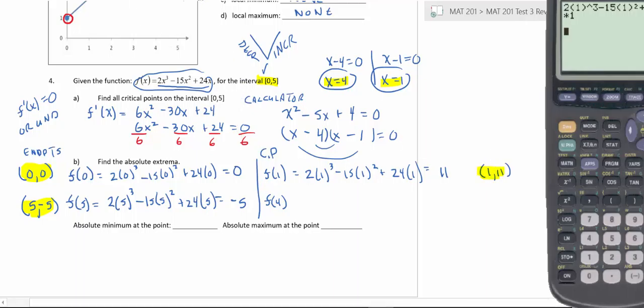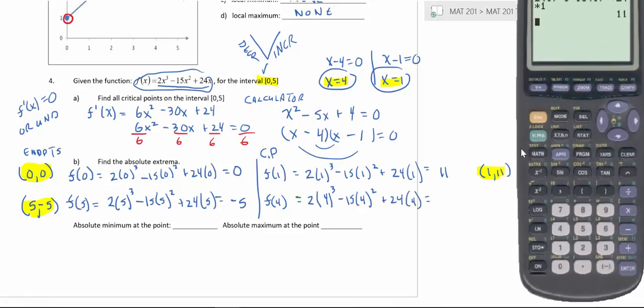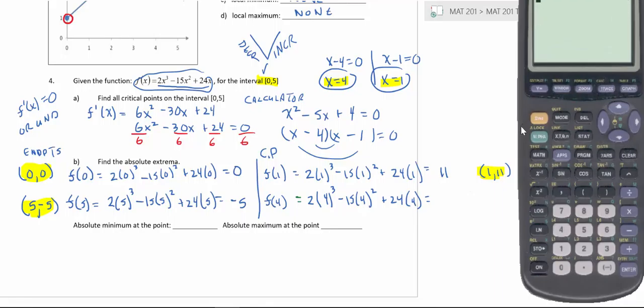Okay, now I need to do f of 4. So when I do f of 4, I'm going to go to the original function and plug in 4. Don't plug in the derivative, plug into the function. So you're doing 2 times 4 to the third minus 15 times 4 to the second plus 24 times 4. So evaluate that function. Let me pull out the calculator, and then we'll do this.